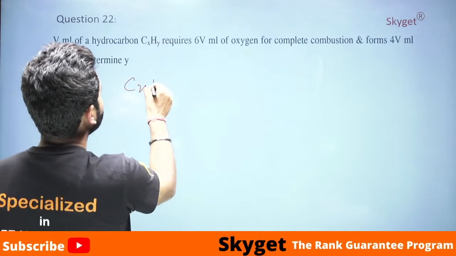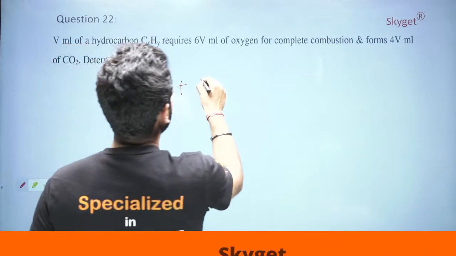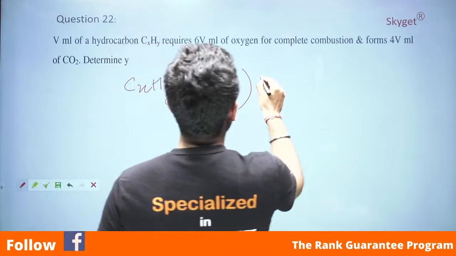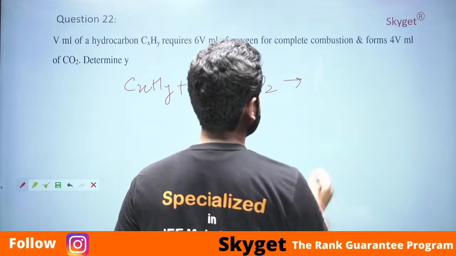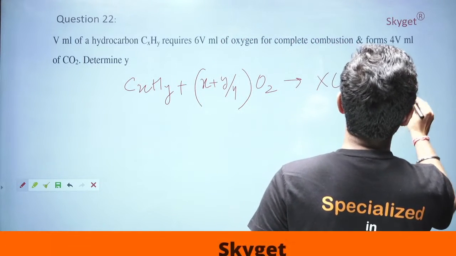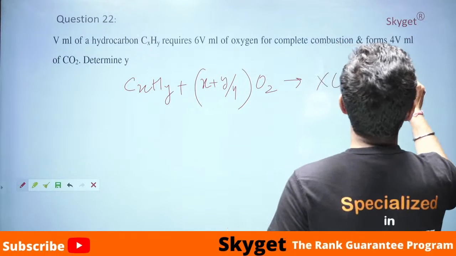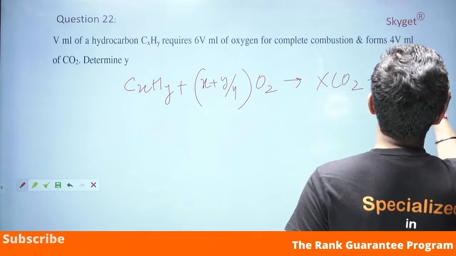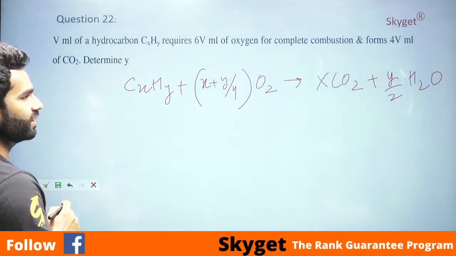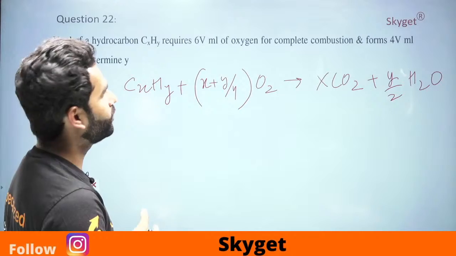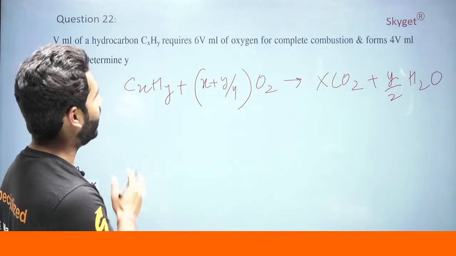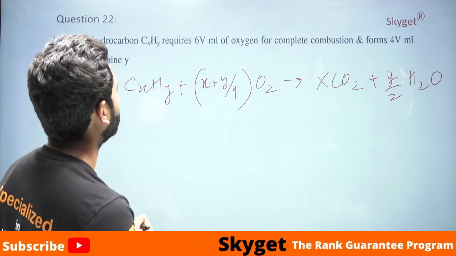C6H5 plus X plus Y by 4 O2 gives X CO2 plus Y by 2 H2O. So this is the general equation of combustion in the form of X and Y, when we don't know how many carbons and how many hydrogens are present in a hydrocarbon.